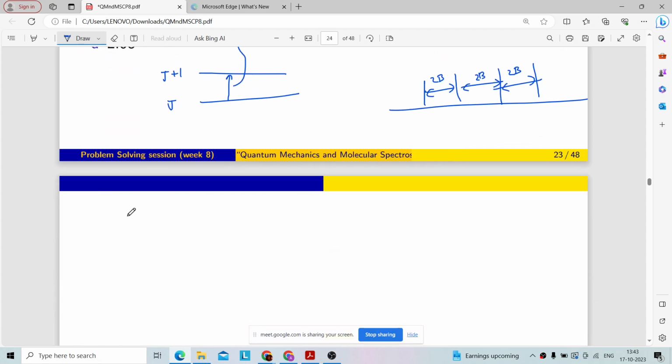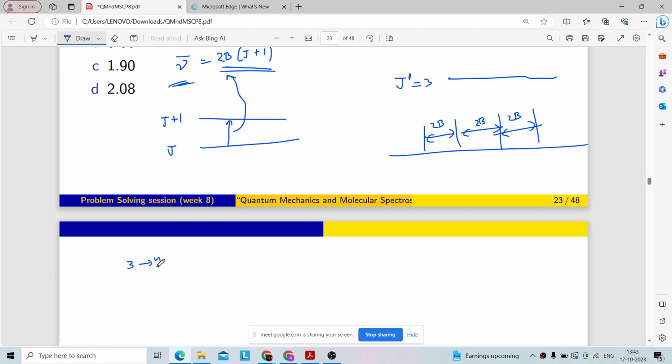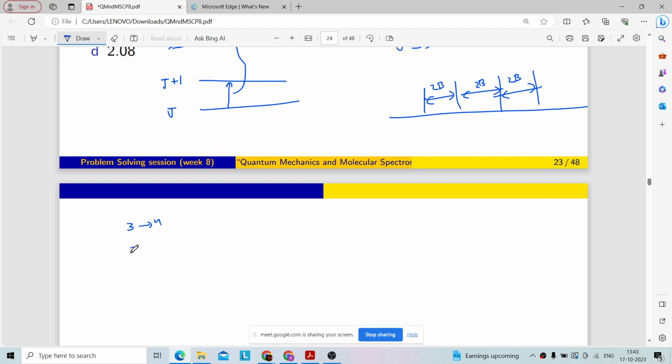Let's say our starting state is 3, then it can go to 4. In that case this formula is applicable, and the separation will be 2B. Then 4 to 5, the separation will again be 2B. Similarly 5 to 6, 6 to 7, 7 to 8, and 8 to 9.